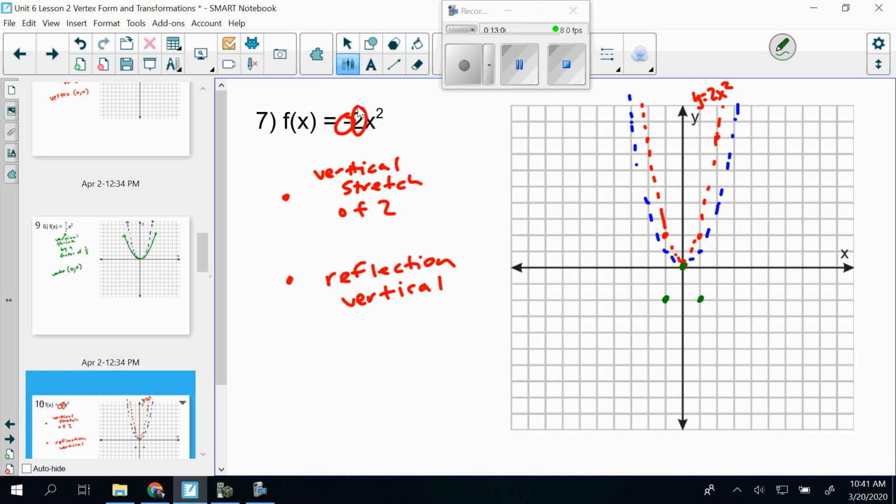The point we had at 8 would now be at -8. So those points are going to be here and here. So this would be the final graph, the graph of y equals -2x squared. So if there's a negative, that's going to reflect it.